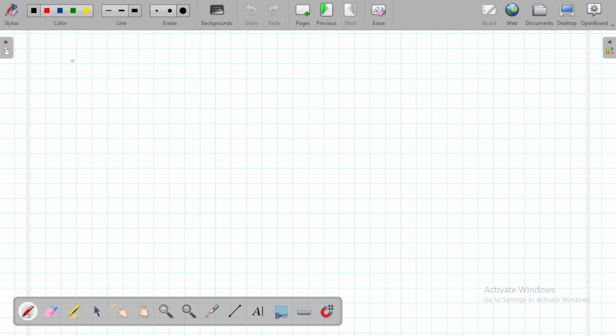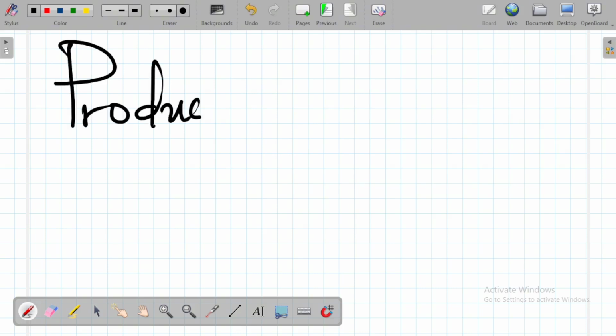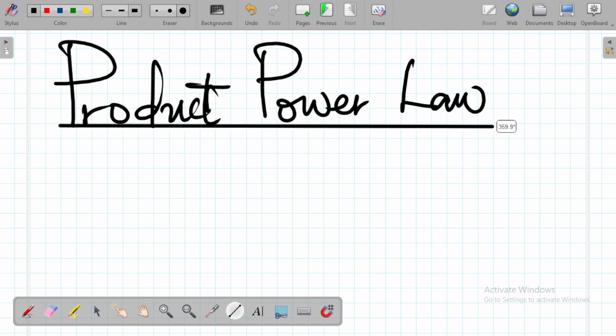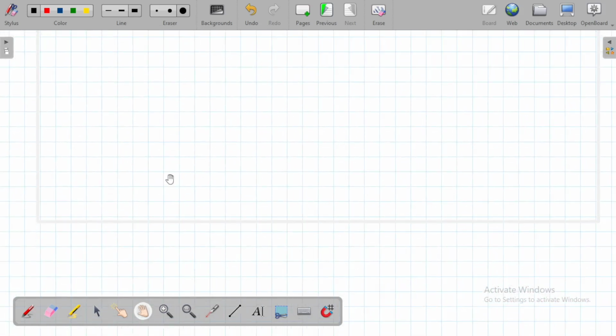All right, so let's consider the next law, which is the product power law. Let's take an example.